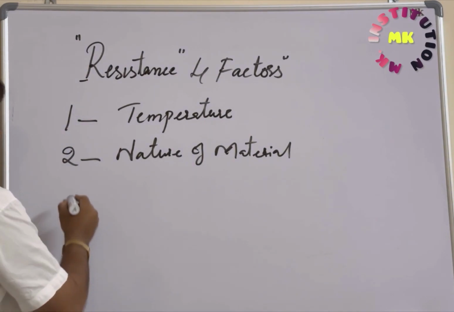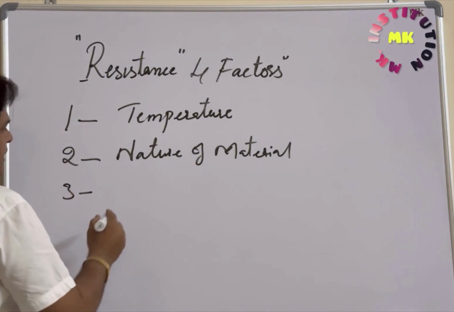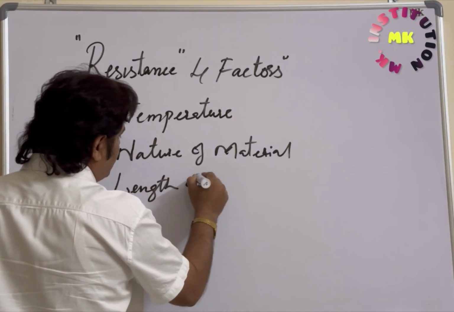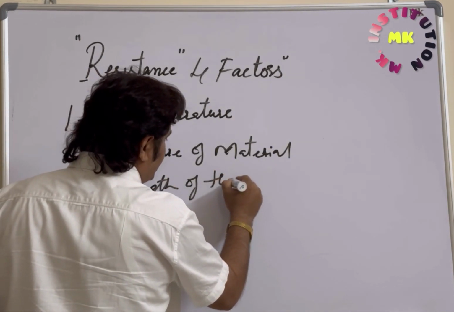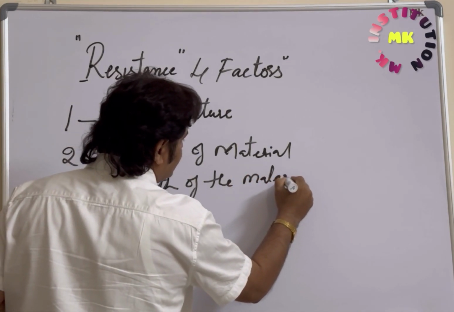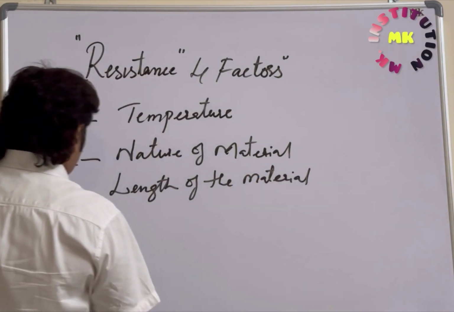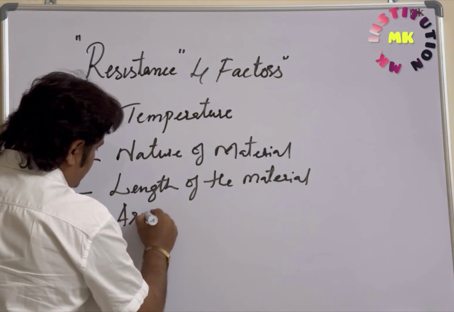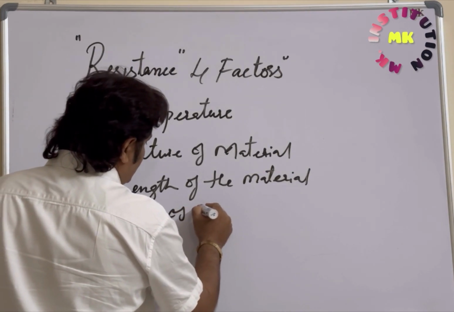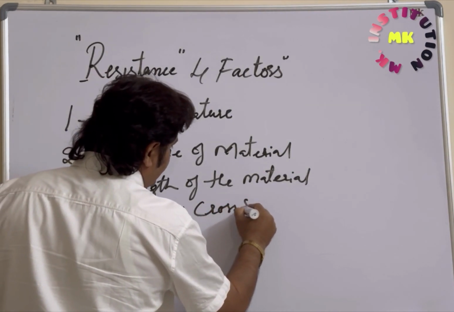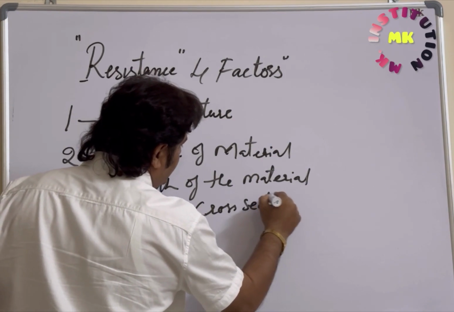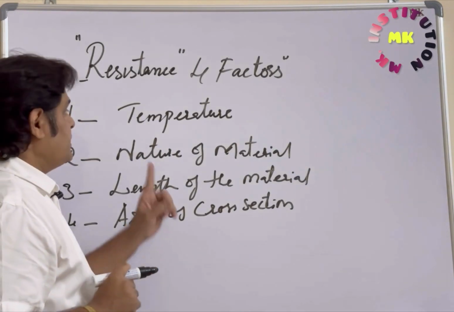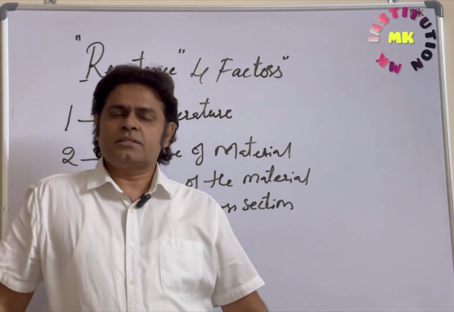And third factor, length of the material. And fourth factor is area of cross section. These are the four factors on which the resistance depends. Clear?